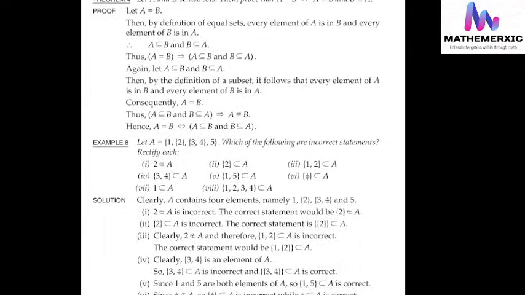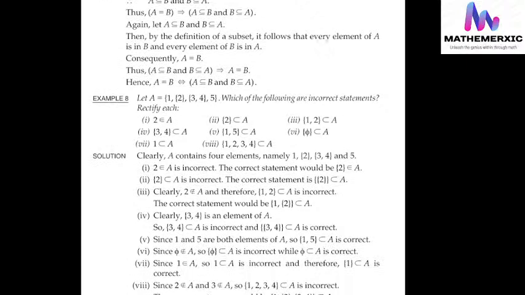Let us see. A is having these particular elements. Which of the following are incorrect statements? So 2 belongs to A, you can't say that that's incorrect. 2 in a set form is an element. So it is a proper subset, I will say. In that case, I will have to keep it again here. So it is incorrect again. So {1, 2} again for that is required.